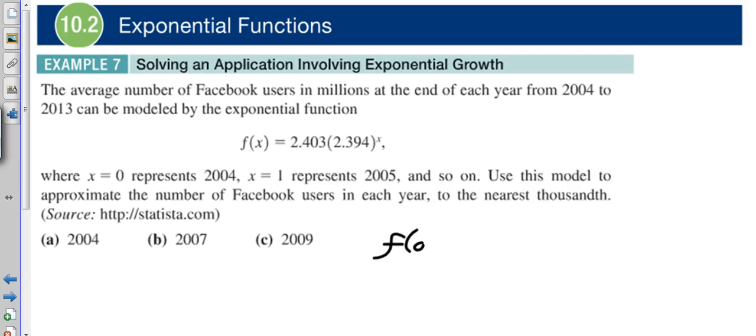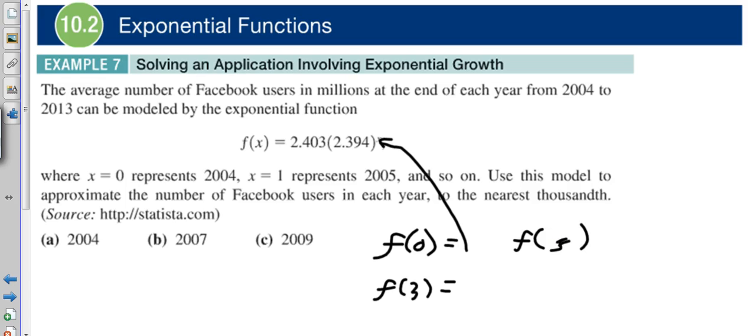So we're going to have f of 0 equal to, and then we're going to plug it into this bad boy right here, bam. And then if you want to find out what is in 2007, that will just go up to year 3. So we're just going to plug in f of 3, and same thing, and then we'll do for 2009, we'll plug in f of 5, bam.